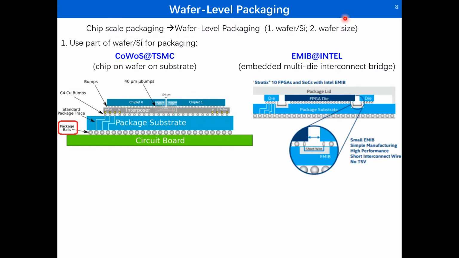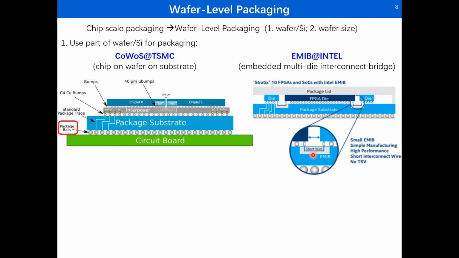Another example is EMIB of Intel, embedded multi-die interconnect bridge. A silicon bridge die is embedded in the package substrate, and similarly, the wires in the bridge die are much thinner than a normal package substrate.